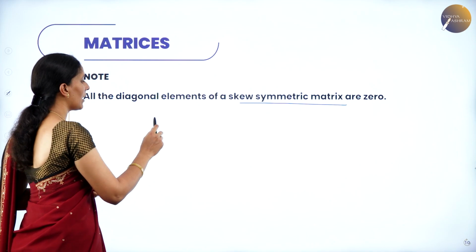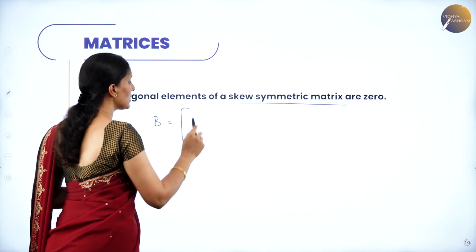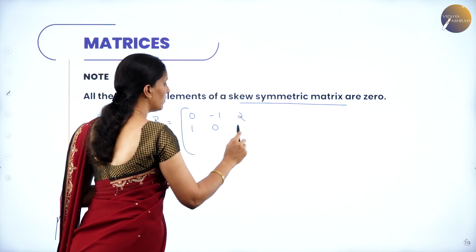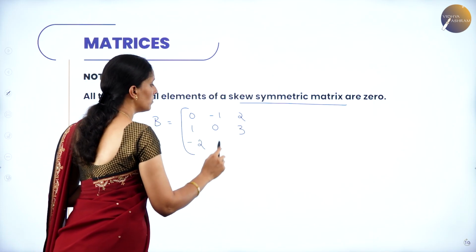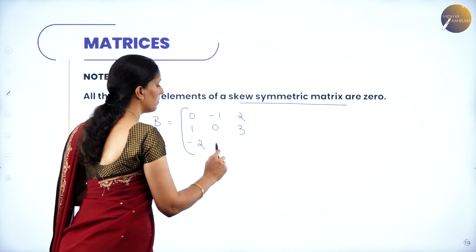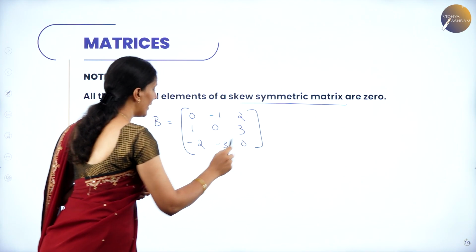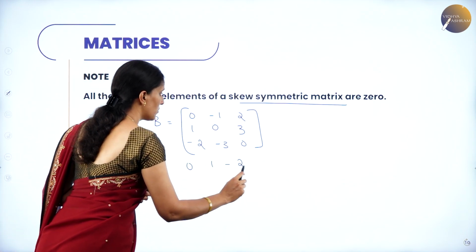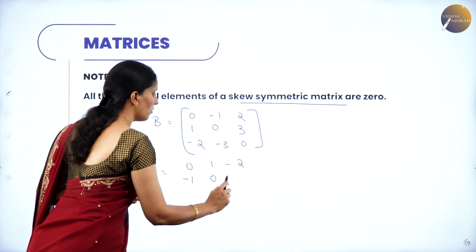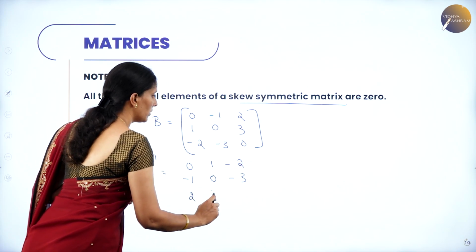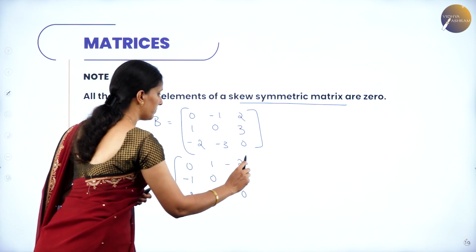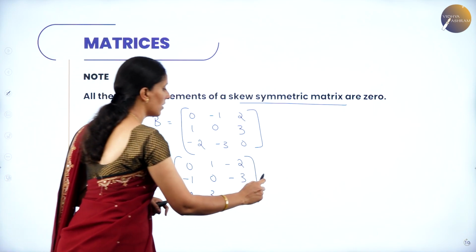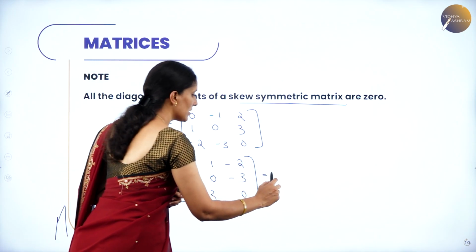So let me take an example of B. Here it is 0, minus 1, 2, 1, 0, 3, minus 2, minus 3, 0. Take the transpose of this matrix. It is 0, 1, minus 2, minus 1, 0, minus 3, 2, 3, 0. This is not equal to B, but take minus outside.